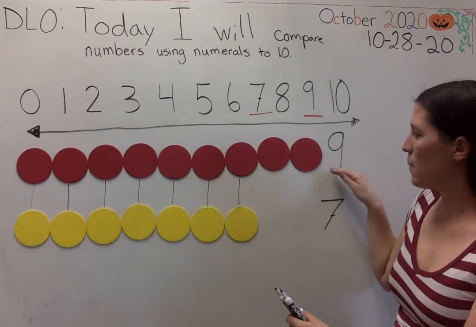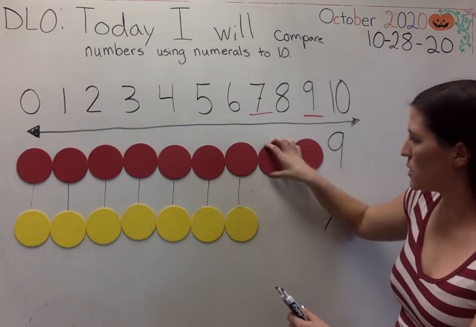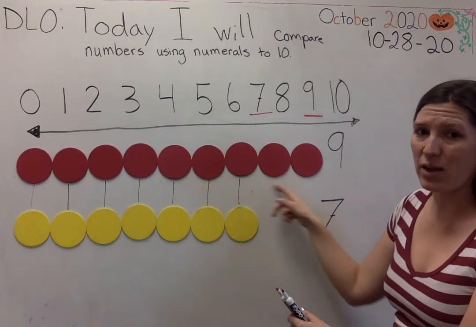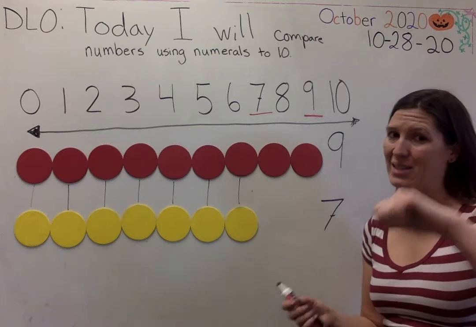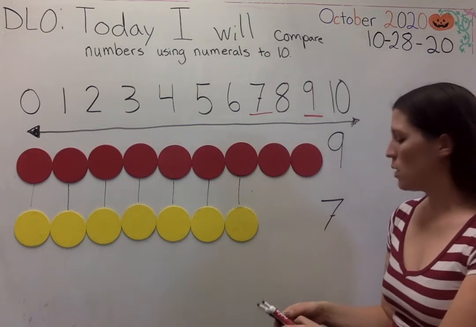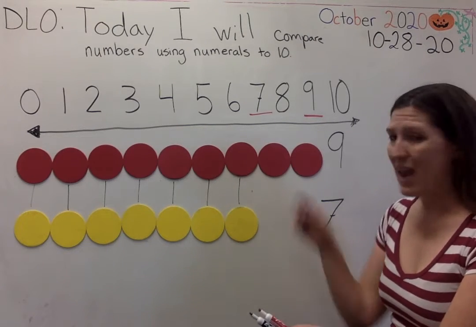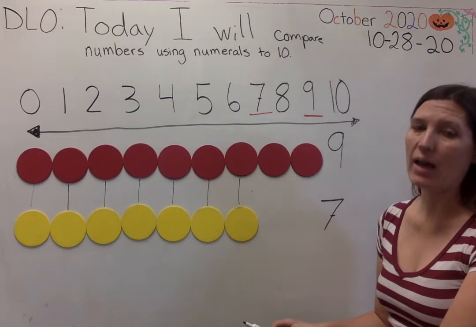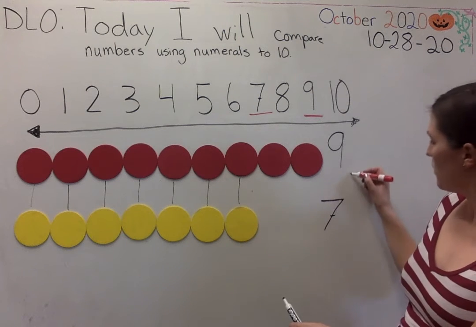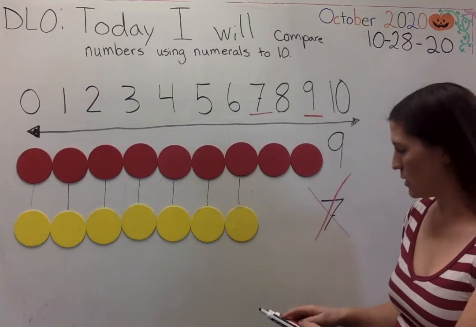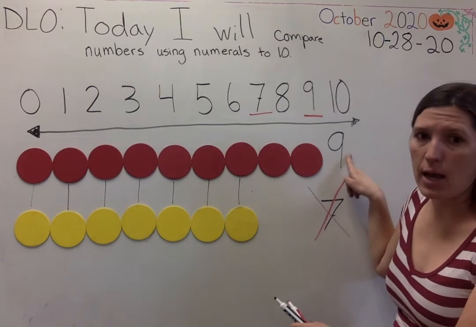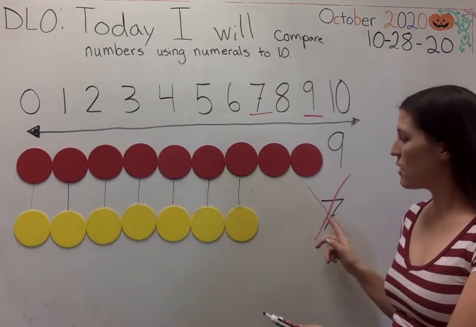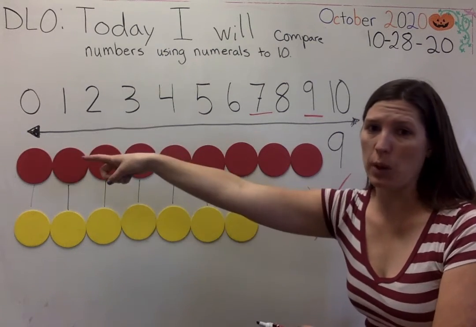I can see that number 9, my red dots, have more because they have extras. I can see that the group of 7 has less. It doesn't have as many. So I'm going to put an X on the number that is less. 7 is less. So I could say 7 is less than 9 because 7 is closer to 0.